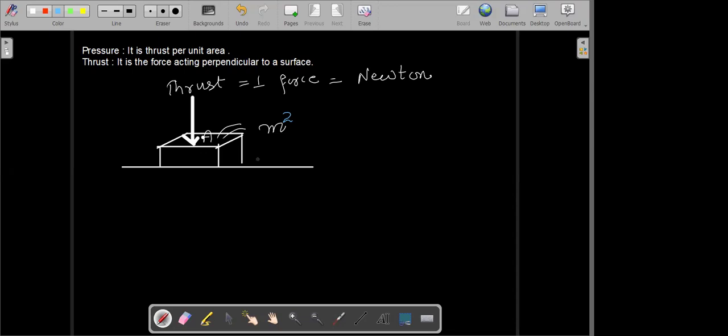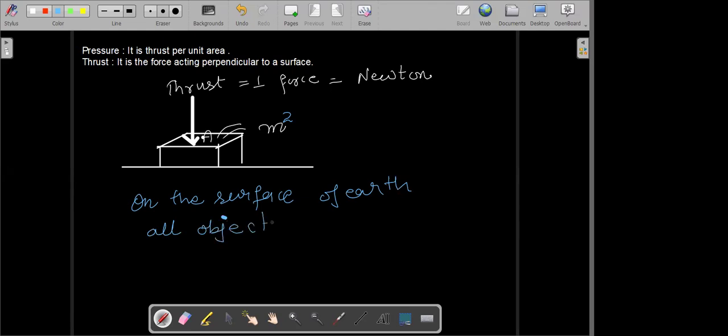Another thing, all the objects on the surface of the earth experience a force equal to the weight of the body.